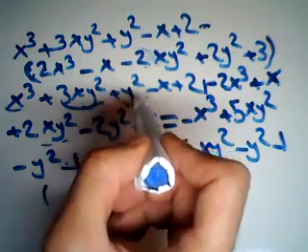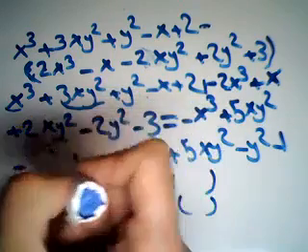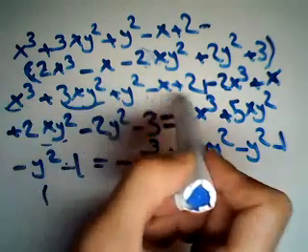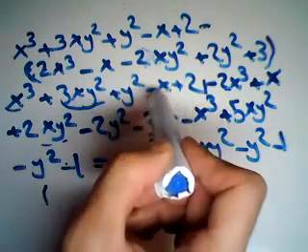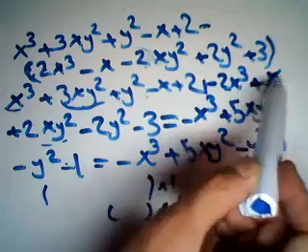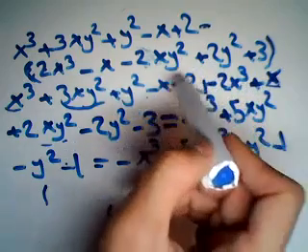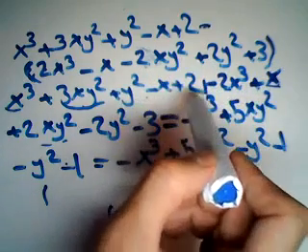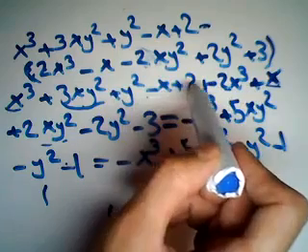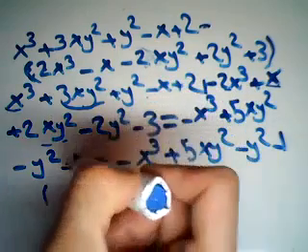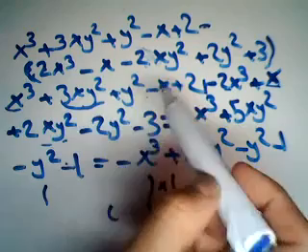Here y squared, here minus 2y squared, so minus y squared. Here's minus x, here plus x, they cancel each other out, 0. Plus 2 minus 3, which is minus 1.